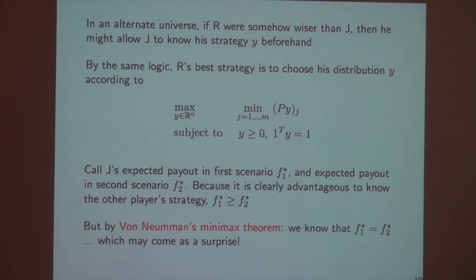Yeah. For what class of problems does this minimax result hold? Do you mean if I wasn't using a linear payout scheme? I would give you a cheap answer and say that if you can formulate it as a convex problem and the converse problem as its dual, then it holds under strong duality. I think that somebody who knows more game theory than me would certainly know a better answer than that.